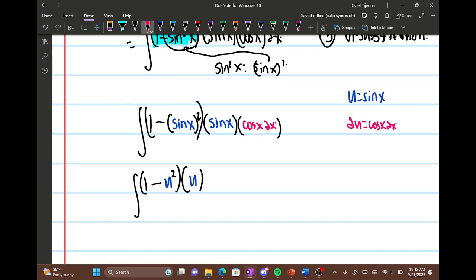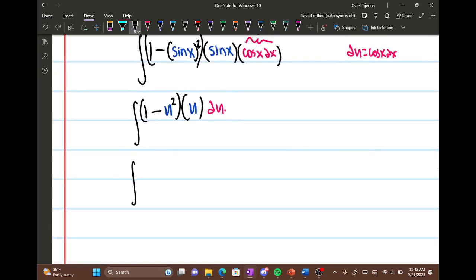So we have the integral of u times 1 minus u squared du.